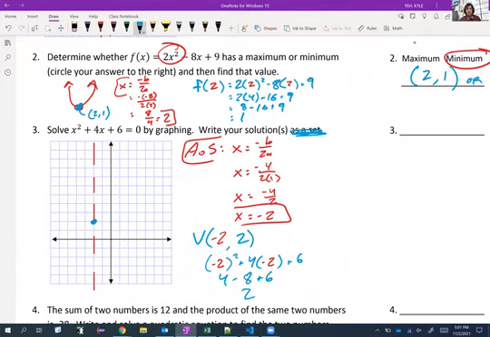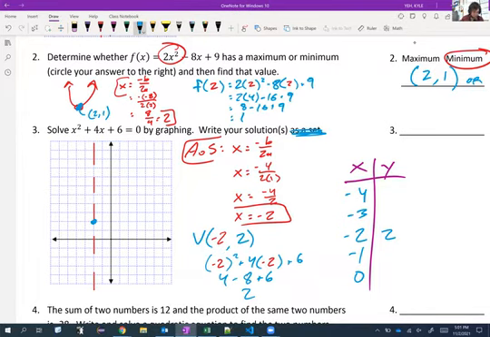So negative 2, 2 is my vertex here, which gives us something kind of interesting, which I'll touch on, how you might know the answer at this point. But remember, the solutions are where we hit the x-axis. So I'm going to make a quick table. I know that negative 2, 2 is my vertex. So I'll go negative 1 and 0, negative 3 and negative 4. And my goal is just to keep going until I find something that hits the x-axis. So let's go with plugging in negative 1.